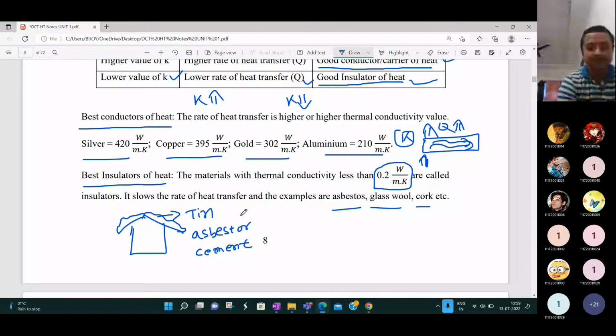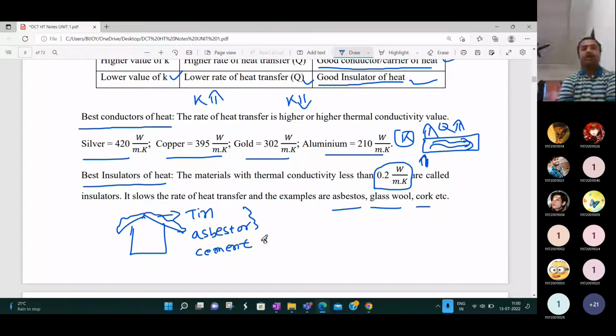If you go to a village area, they will have this type of top structure on their house. But if you go to a town area, we have a cement type of structure. What is the difference? The cost is different.